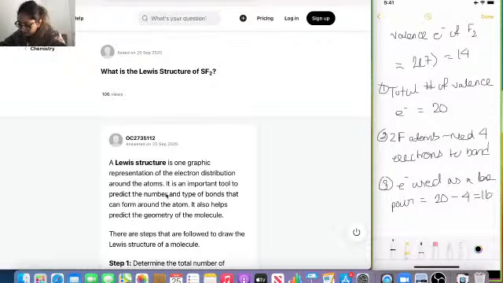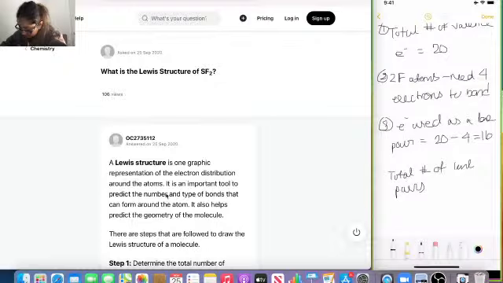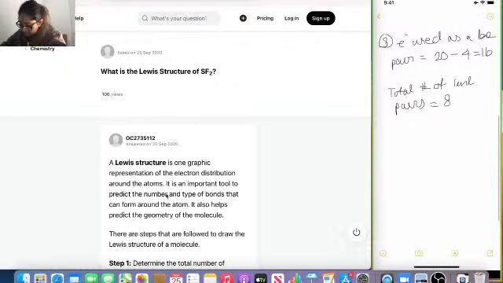So the total number of lone pairs would be 8.